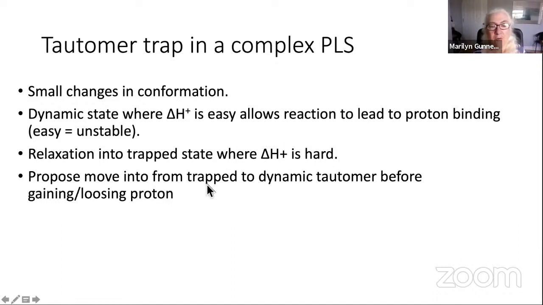And we move from the trap to the dynamic states to allow, we think, or we propose that the trap states kind of fix you there for perhaps milliseconds while the gates open and close.